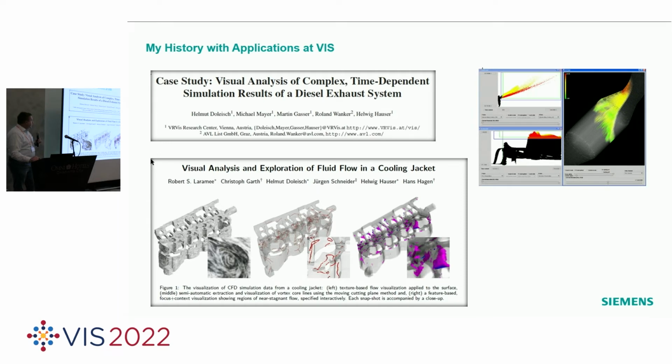And then on the lower left, you see an example that we did, or mostly Bob Laramie actually did, present here at the Vis conference together with us and with people in Kaiserslautern, where we were looking again with the same group into fluid flow in a cooling jacket, how to analyze the fluid flow, how to optimize it if it doesn't work nicely, so if the cooling doesn't work correctly. That was another example here.